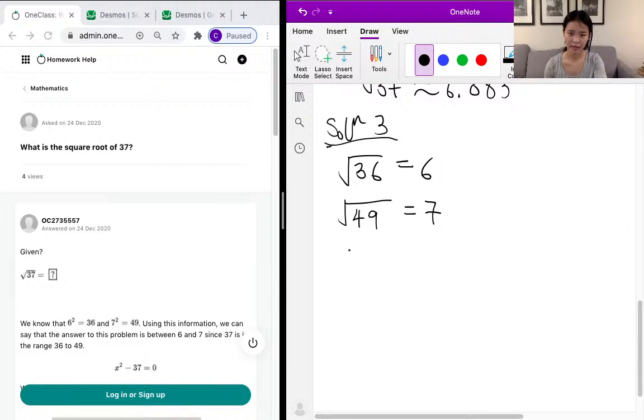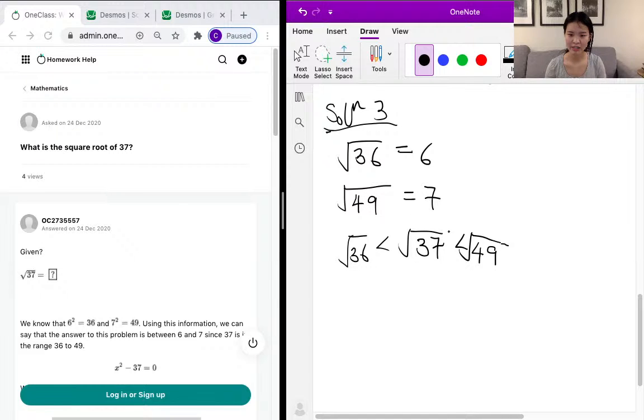We also know that the square root of 37 is between the square root of 36 and the square root of 49, because 37 is larger than 36 and smaller than 49. So we can just approximate the square root of 37 as approximately 6, because 37 is much closer to 36 compared to 49.